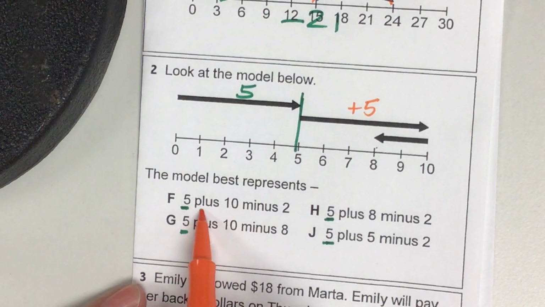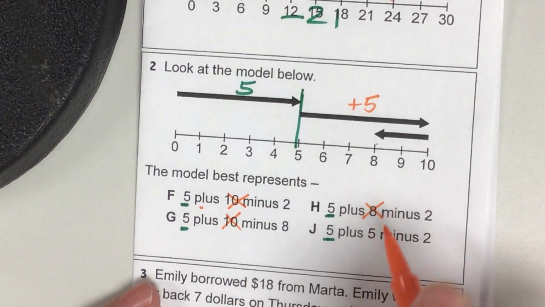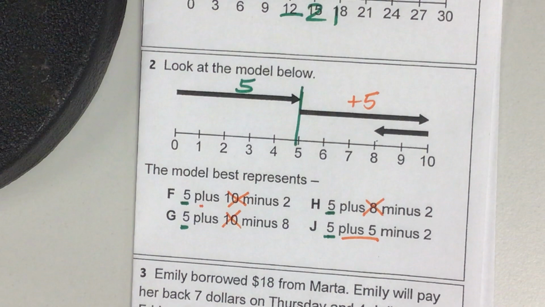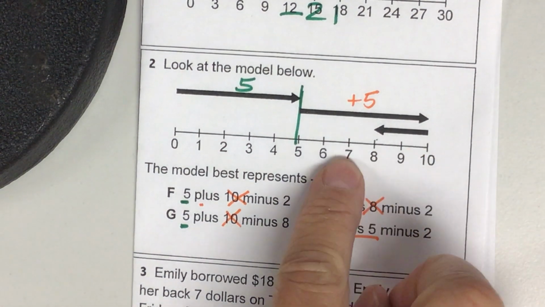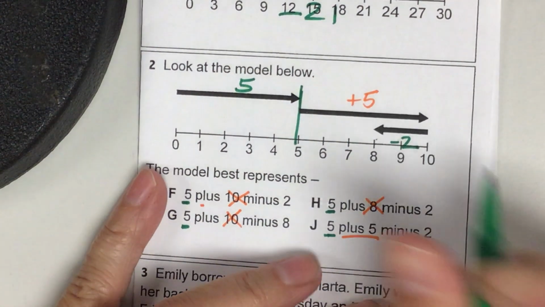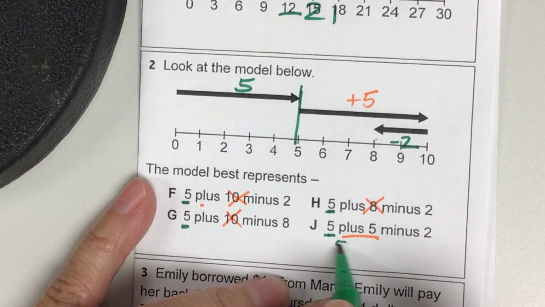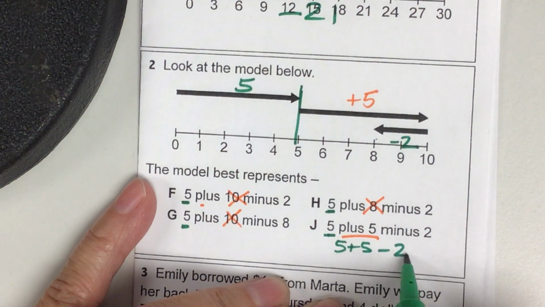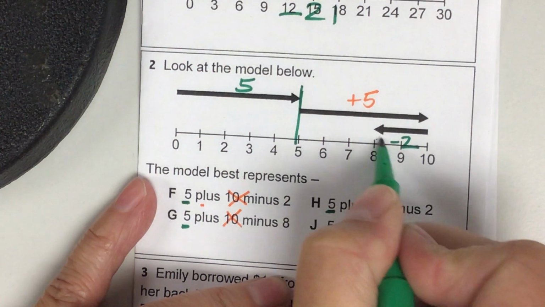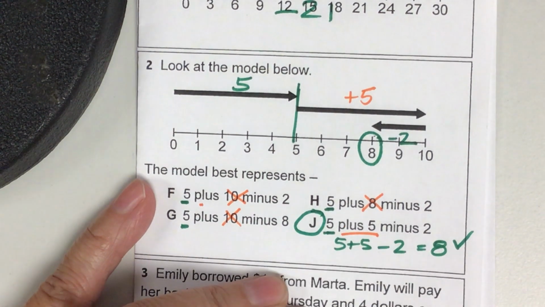So plus 10, no. Plus 10, no. Plus 8, no. Plus 5, yes. Then we're coming back to 8, so that's minus 2. So 5 plus 5 minus 2 would equal 8. Is that where we ended? It is. So that's J.